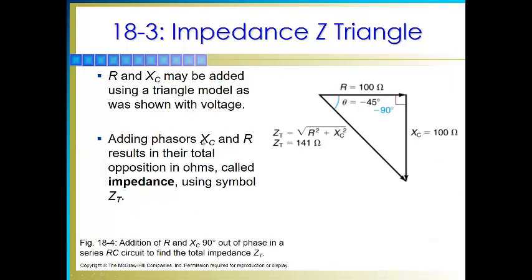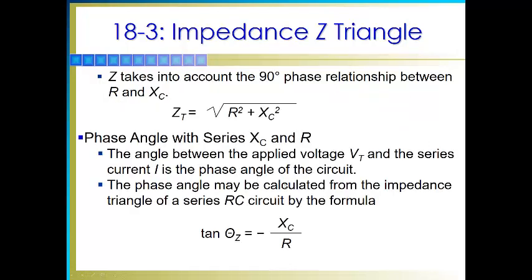Now, let me go back to this slide right here. This angle right here can be calculated by using the tangent of the angle. So, the phase angle with series reactance and resistors.